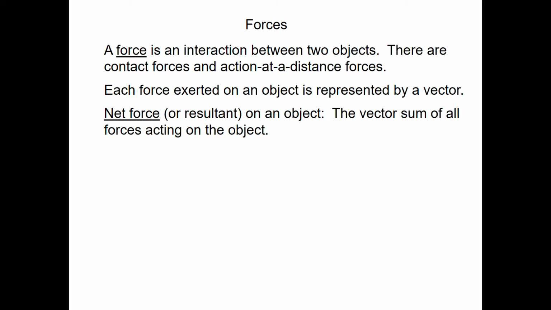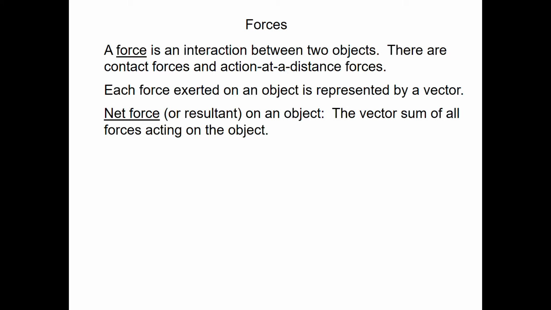The term net force, or I can't remember if Giancarlo uses the word resultant, some books do that too. The net force on an object means you add together all of the forces that are acting on an object. Now each force is a vector, so when we say add together, we mean addition in the sense of vectors. We talked about how to add two vectors before, and you can add four vectors one or two at a time.